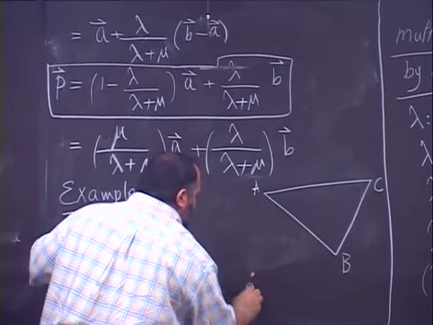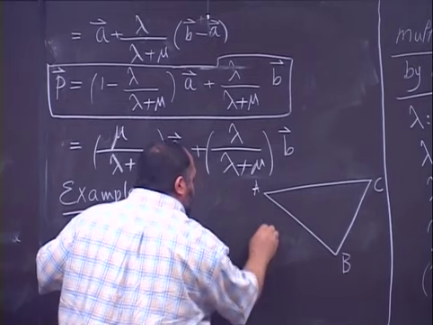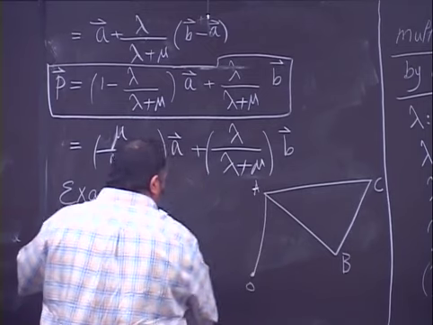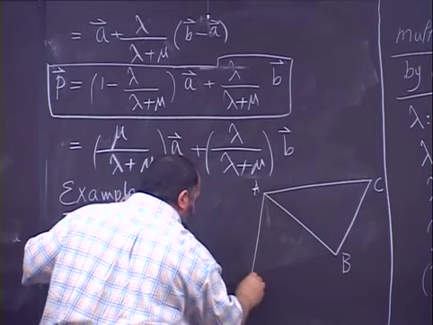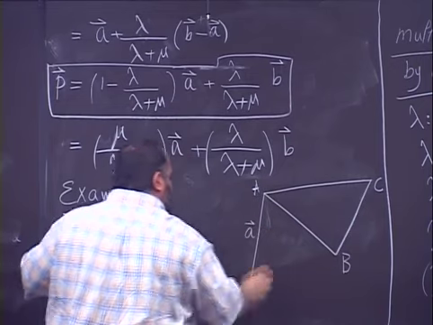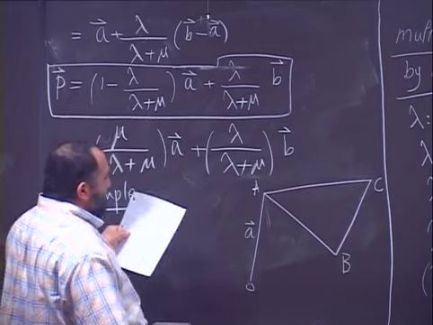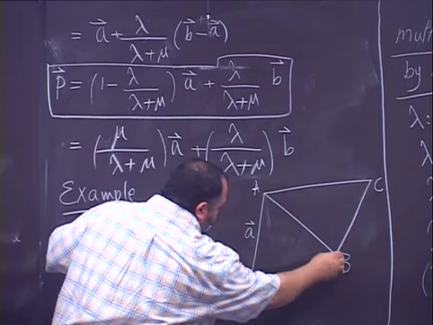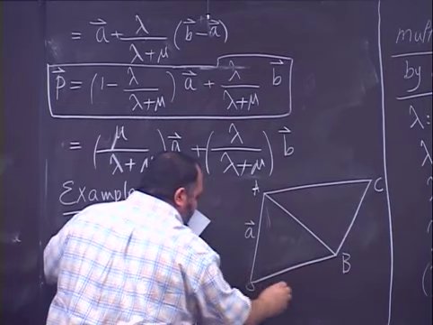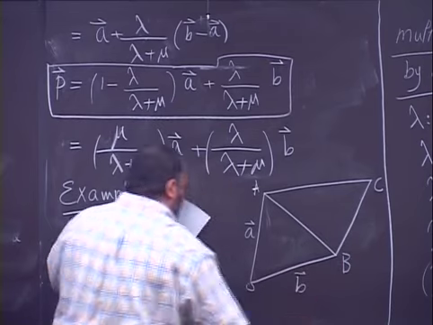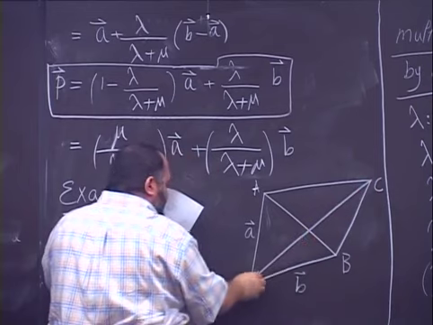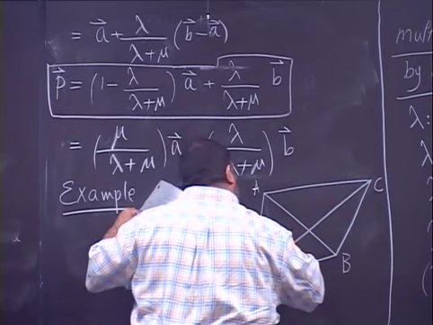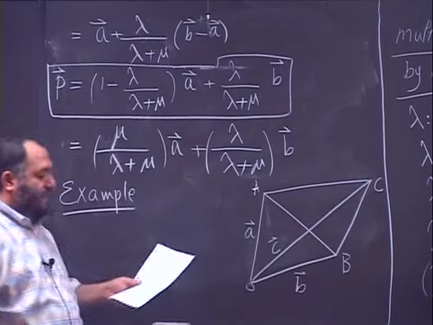So this is O, the position vector for point A would be just vector A. The position vector for point B will be vector B. The position vector for point C will be just vector C.